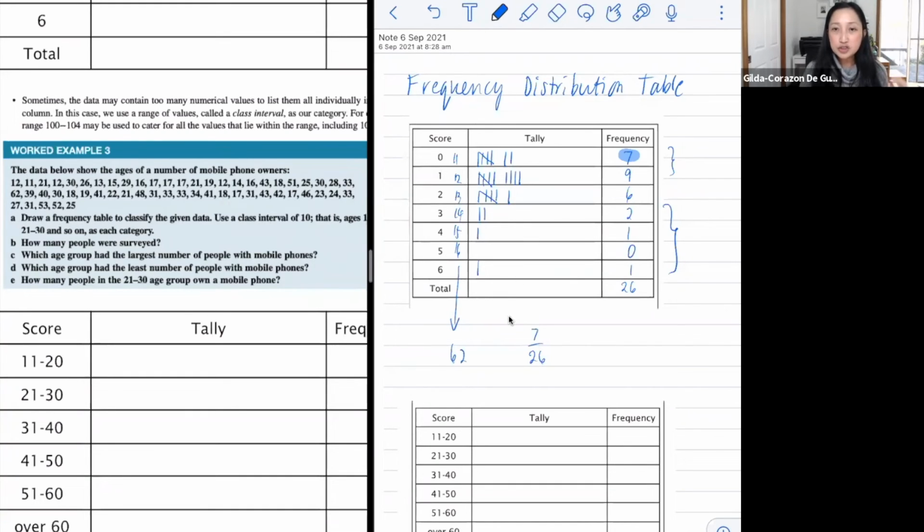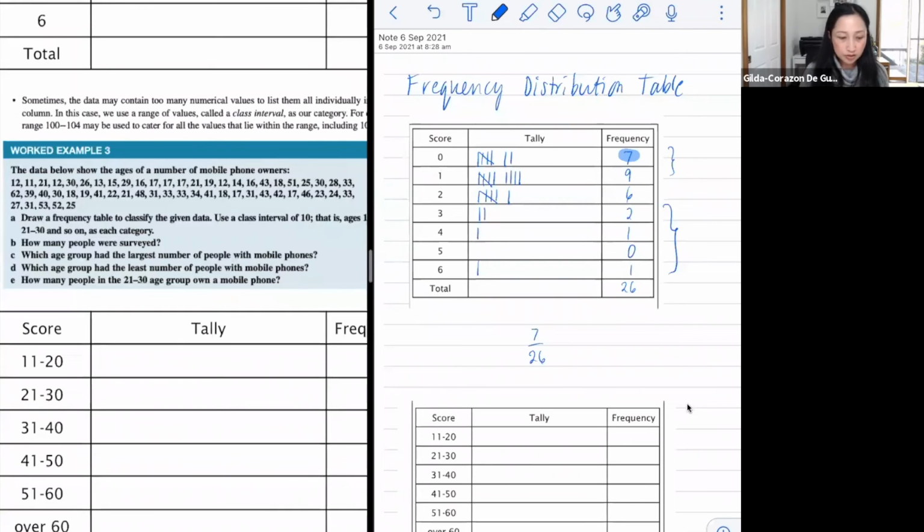So when you construct your frequency distribution table, what you need to remember is that the scores or the data that you'll be putting here would be maybe up to 7 to 8 rows. Okay, anything more than that, then you might need to group them.